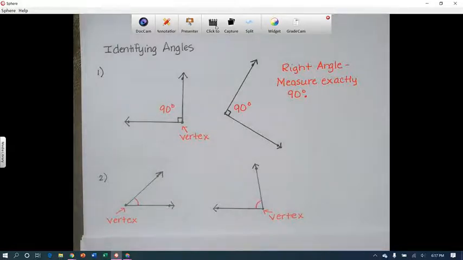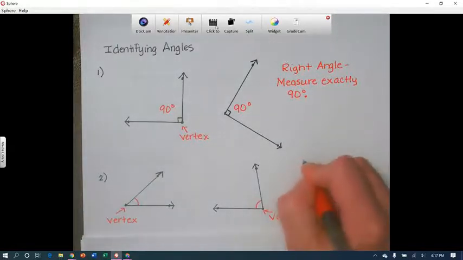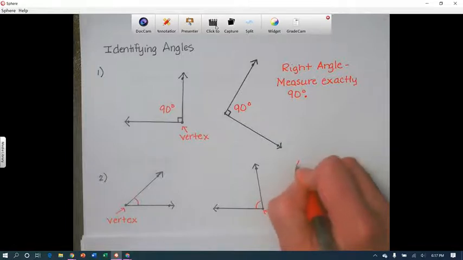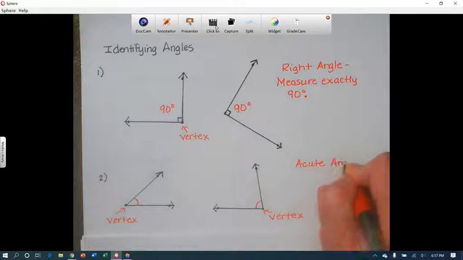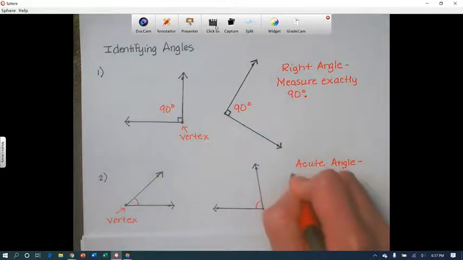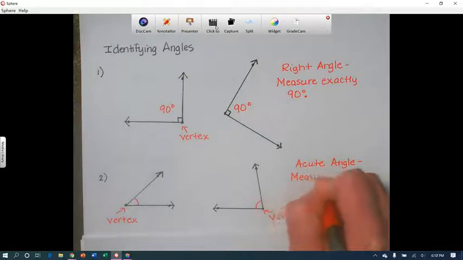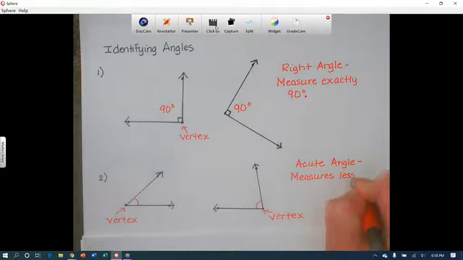And if they're less than 90 degrees, they are acute angles. So an acute angle measures less than 90 degrees.